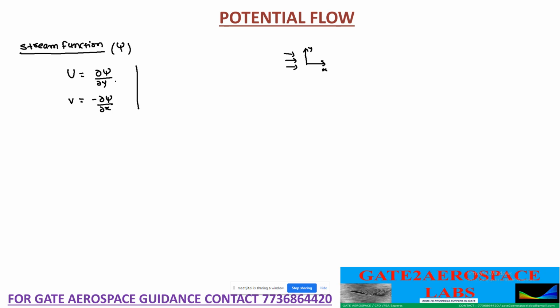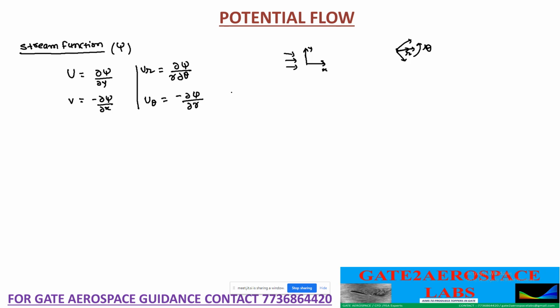If you want to express the same thing in a radial coordinate, if you consider the flow is like this, the radial variation of the flow, and this is the radial variation and this is the tangential variation of the flow. In that, you can write the radial velocity as del psi by r del theta and tangential velocity as minus of del psi by del r.